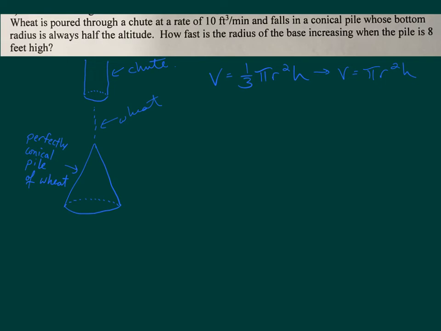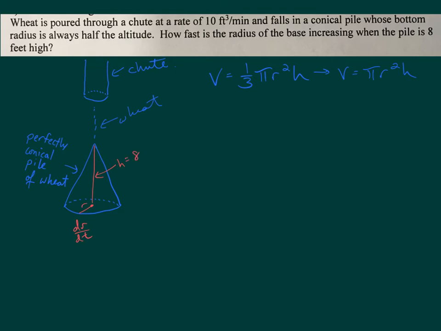So we have this radius r going to any edge of the circle, and we want to find out how fast dr/dt is changing, most specifically, when the height of this cone, or the altitude, if you will, is 8.